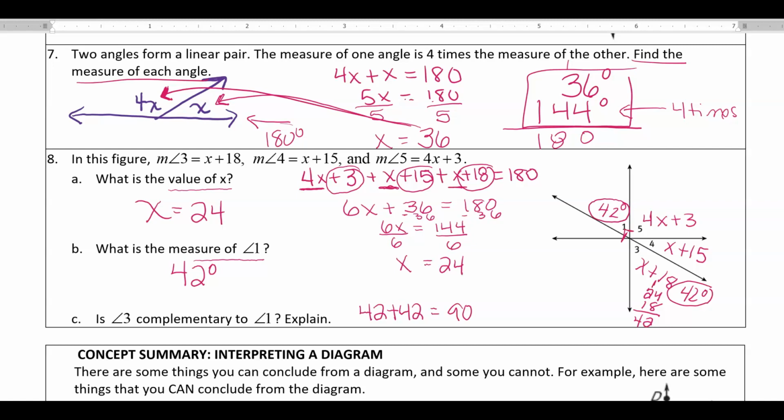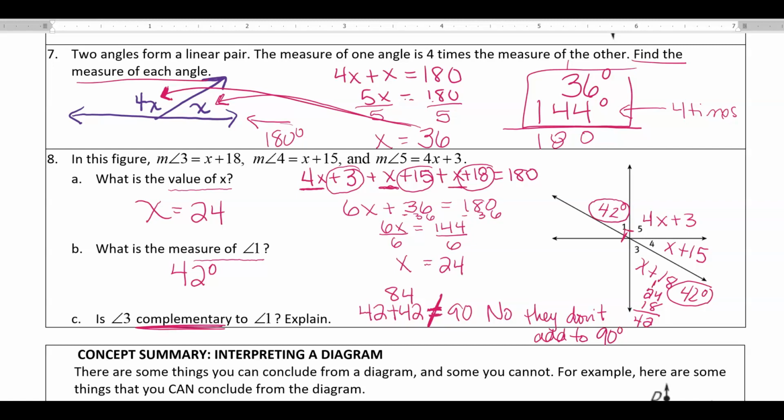Well, we can clearly see that 42 does not equal 90 because this is 84. So it says to explain. So we need to say no, they don't add to 90 degrees. If something is complementary, they have to add to 90 degrees.